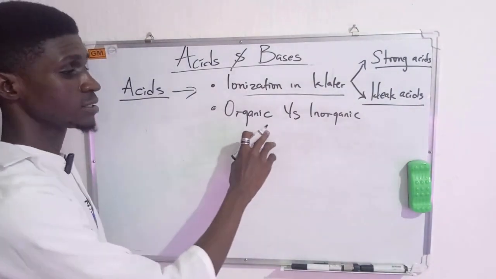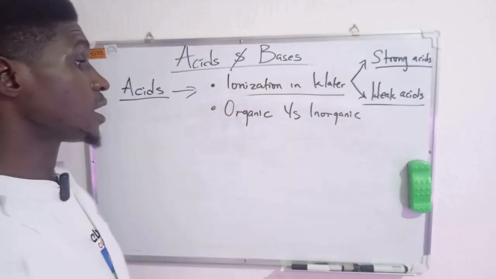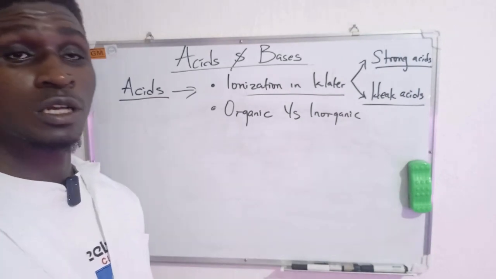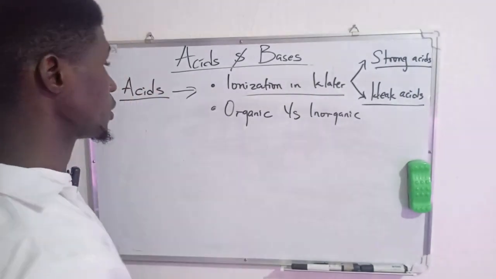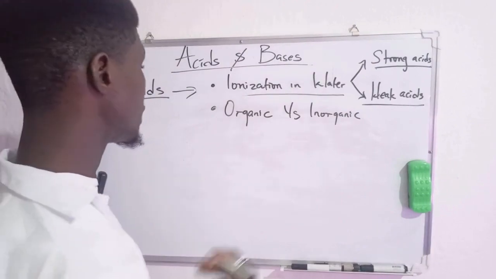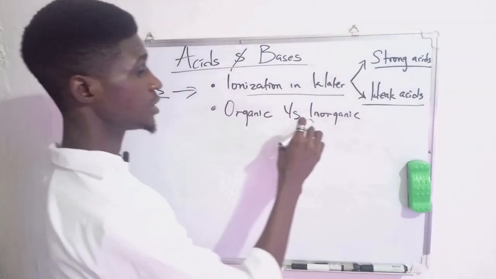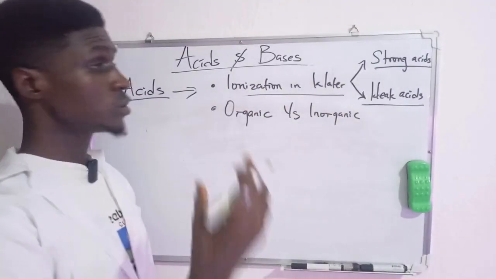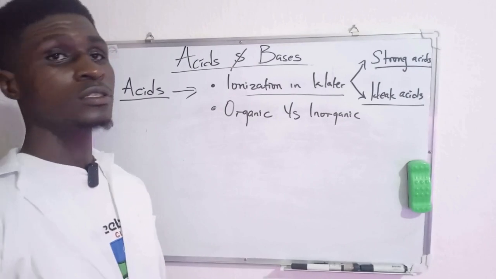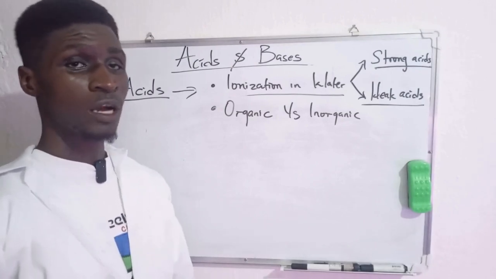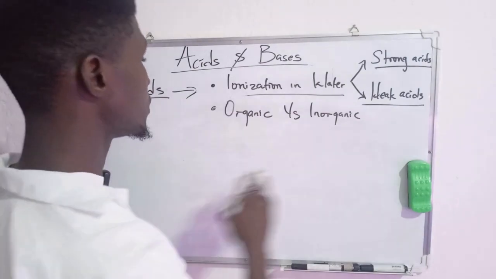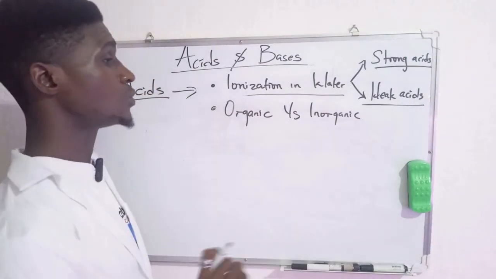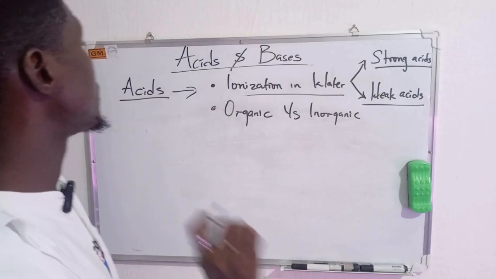Organic acids are the ones that are made up of carbons. You have carbon in this compound. Inorganic or mineral acids are the other ones that are not made up of hydrocarbons. It is very simple. When you see them, you notice them very easily.